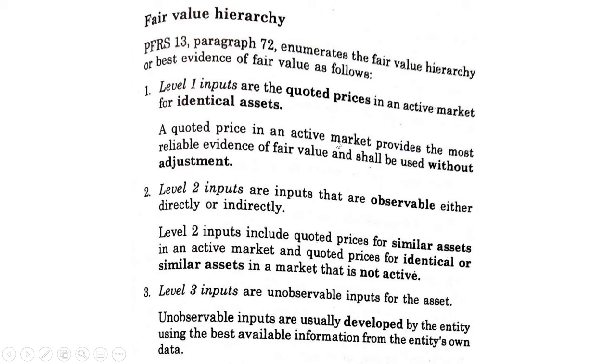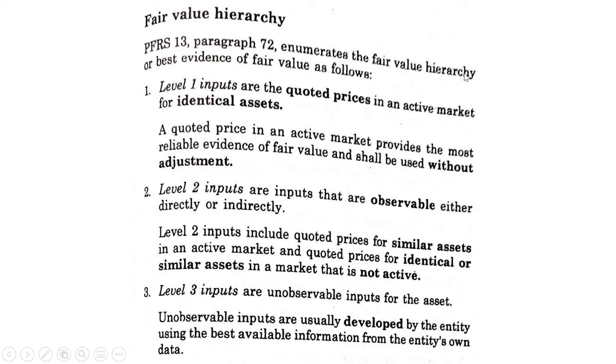And reliable yung amount. Dito kasi sa level 2, although may similar asset, hindi naman active yung market, o kaya ay may market pero walang identical or super kaparehas ng asset na yon. So, papasok siya sa level 2. Ibig sabihin, kung wala nito, gagamitin natin level 2. Pero kung parehas meron yan, ang gagamitin natin is level 1.